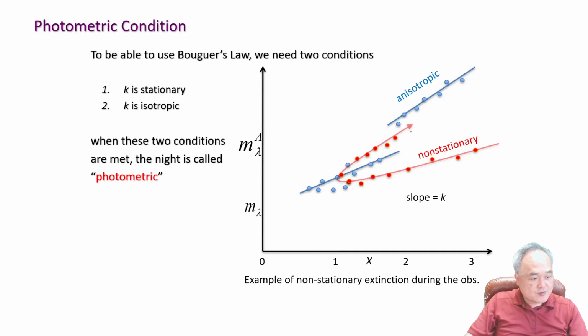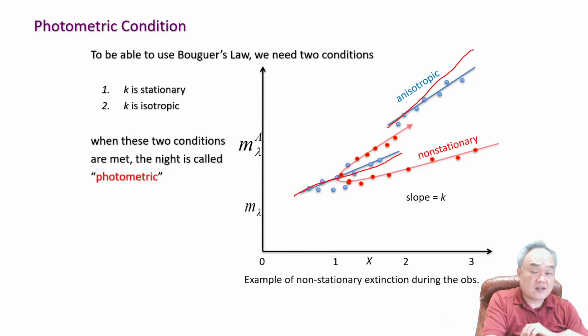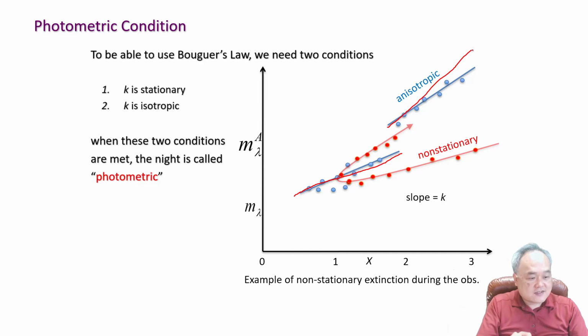And when you observe two different standard stars and they have two different slopes, it means that one standard star is in the south part, while the other you observe toward the eastern part of the sky. It indicates two different behaviors, meaning it's not isotropic but anisotropic. So these all indicate non-photometric conditions.